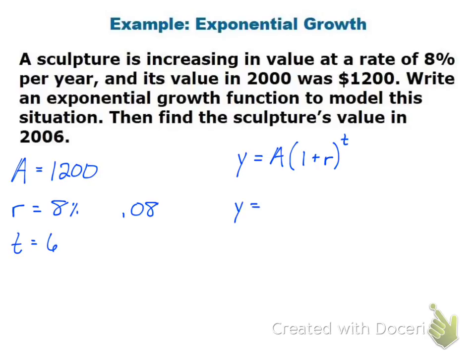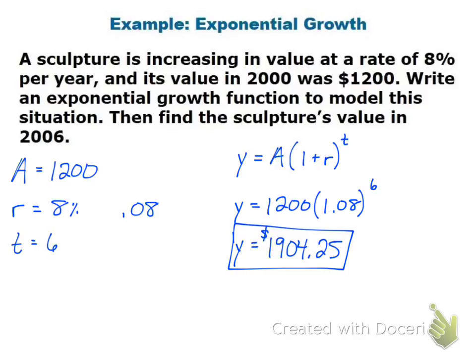So in this case, y is equal to 1,200, and then in my parentheses, I'm doing 1 plus my rate, which is 1.08 to the 6th power. And so when I do this, I get 1,200 times 1.08 to the 6th, and I get 1,904, and then it rounds up to 25 cents.